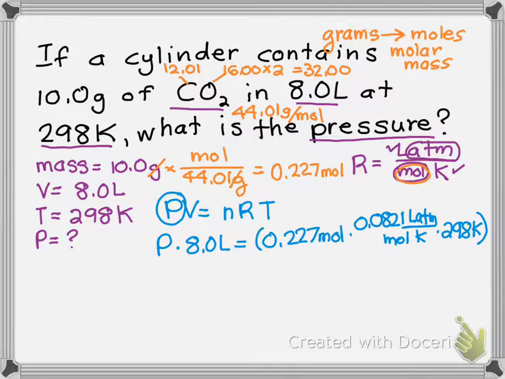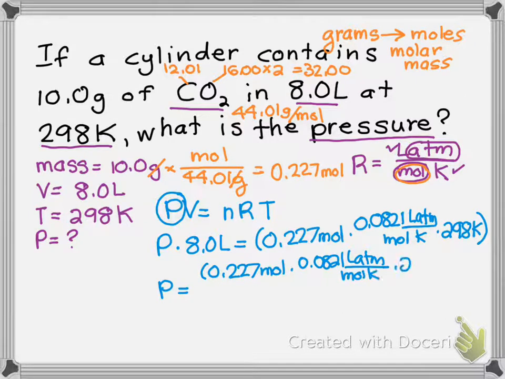To solve for pressure, I'm going to divide both sides by the 8 liters. And rewriting, just so you can see what I'm doing, this part would still be the same. That's the numerator, and I'm going to divide that whole thing by 8 liters.